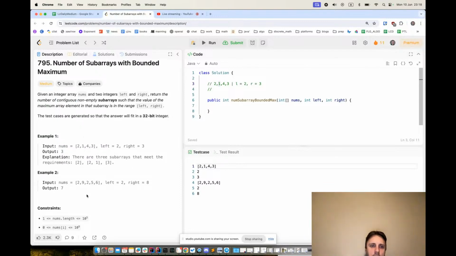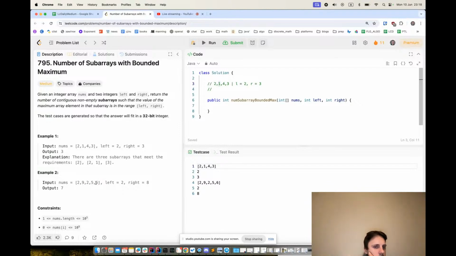Another one: 2, 9, 2, 5, 6, and we have 2 and 8. So we have 1, 2, then we have 2, 3. So 1, 2, 3, 4, 5, 6, 7. So here it should be 3 factorial.